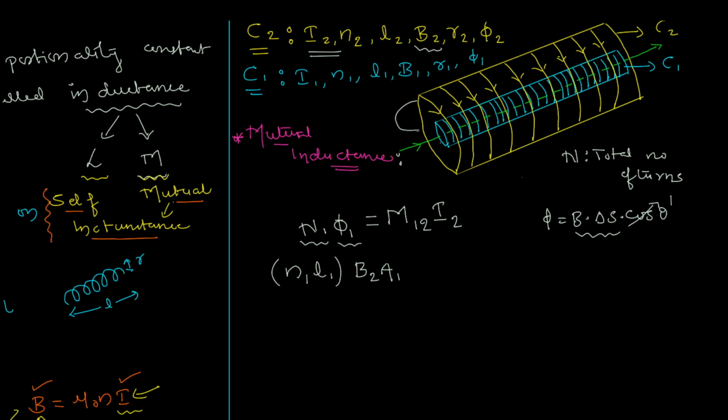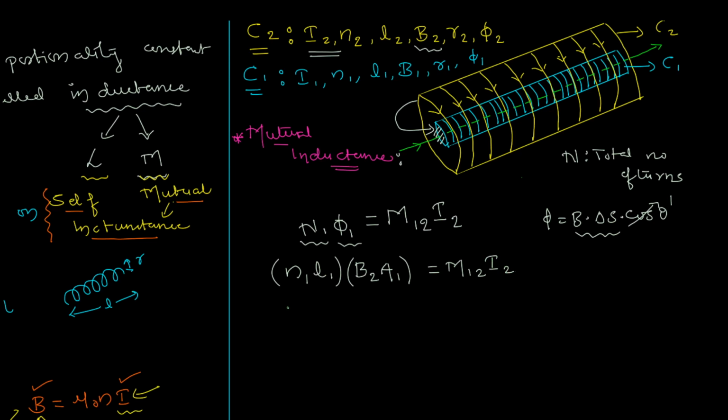The field is created by this coil, but the area is going to be its own area, right? So B2 into A1 cos theta, like I said, we really don't have to worry about that. So B2 into A1 should be equal to, the RHS is pretty simple, M12 times I2. We will not be doing much with that. M12 into I2. Let's try to simplify this.